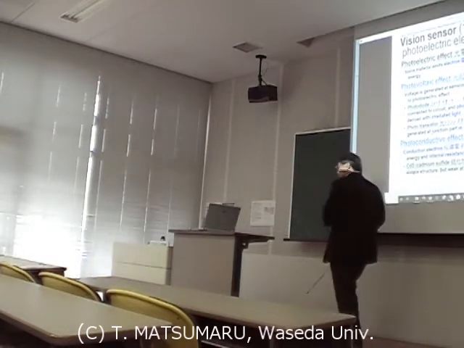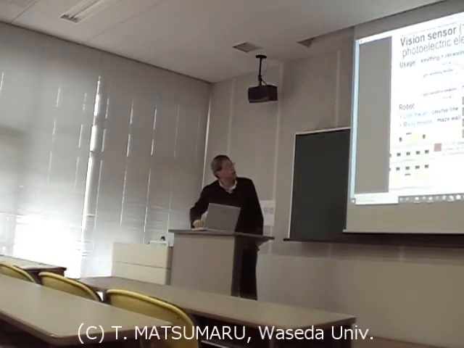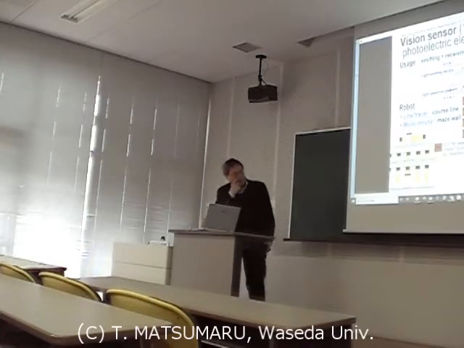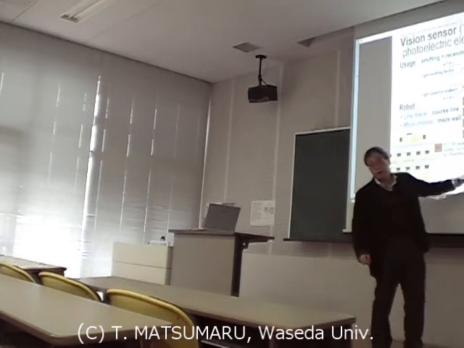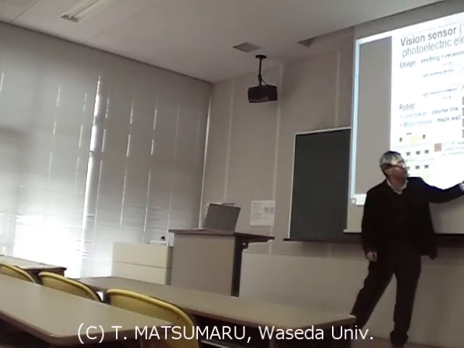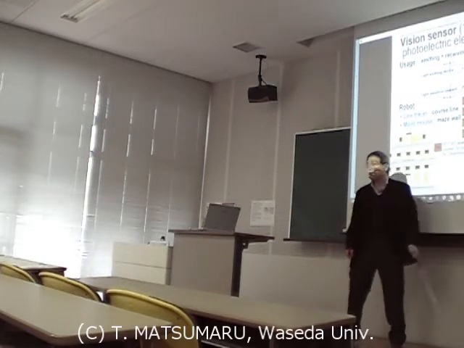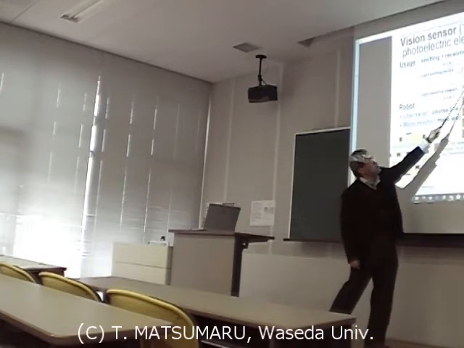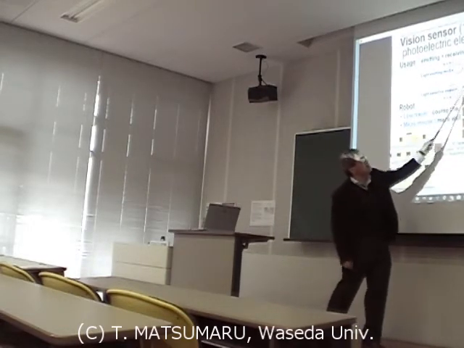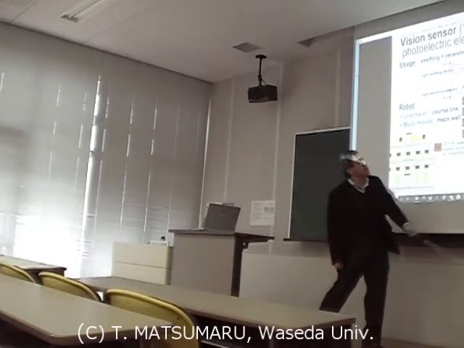Based on these kinds of principles, for example, maybe you have tested a line tracing robot. Using the photo detector, the light is emitted and the reflected light is received by this sensor.